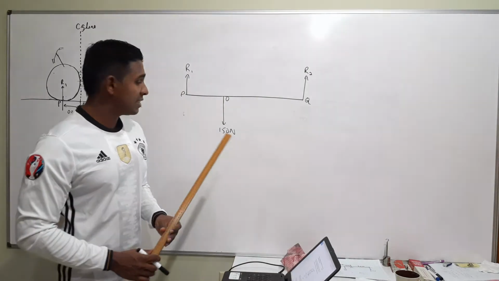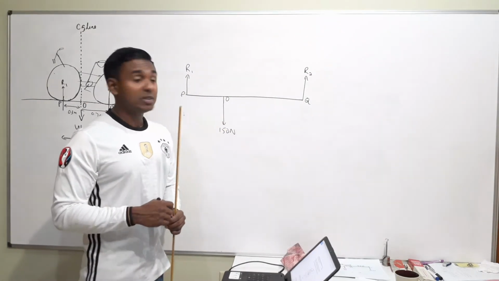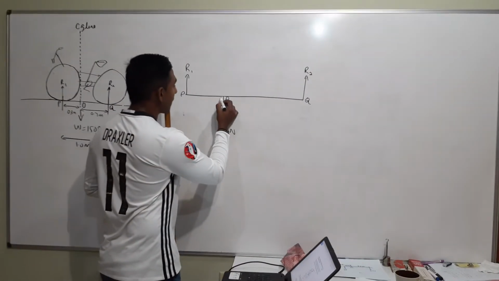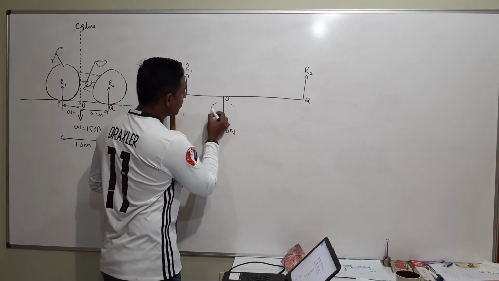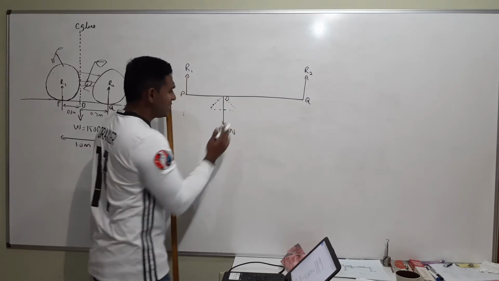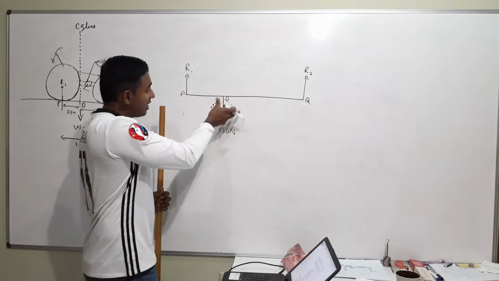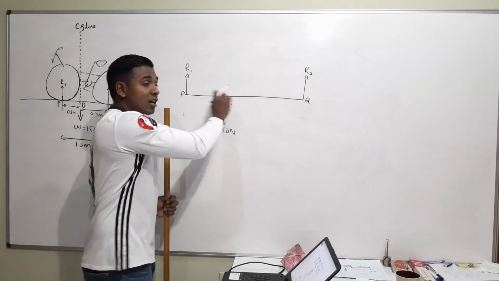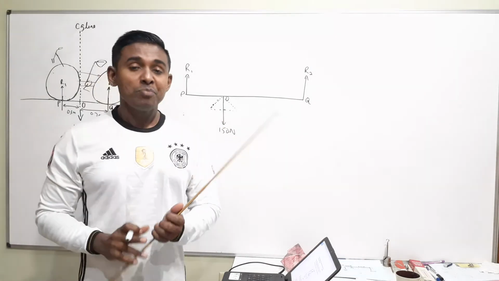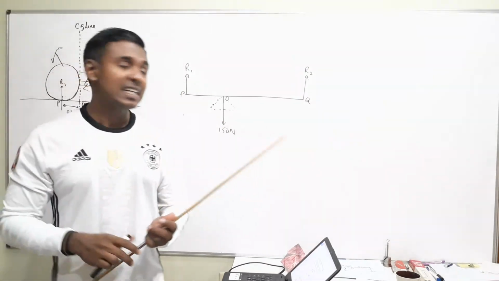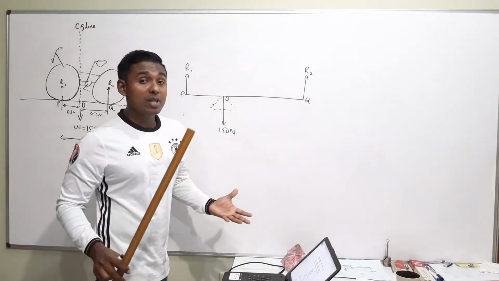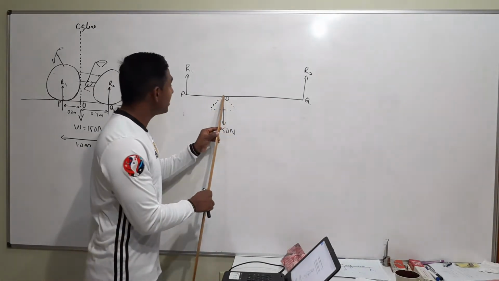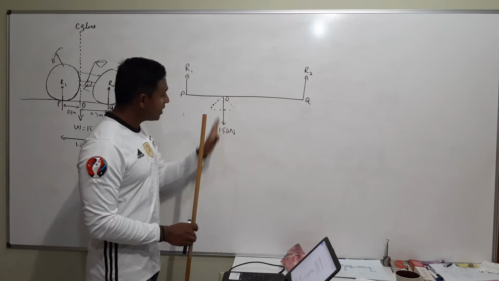So we have to choose where we are going to put this pivot. And in this case, the most ideal place to put the pivot would be here. So I'm just going to put in an imaginary pivot here so that you can see that this object is pivoting about its center of gravity. Now, if we were to place that pivot here, we can say that this object is turning about this point here.